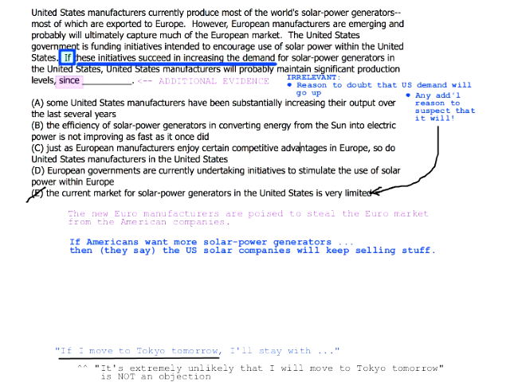Greater demand. Yeah, see, that's the thing, right? Now that there's going to be these European solar companies, we don't know if Americans are going to start buying from them instead, right? So the way this argument works, the argument is just making this random connection: Americans want to, the increased demand means they're going to buy more. So they're going to buy more solar power generators.